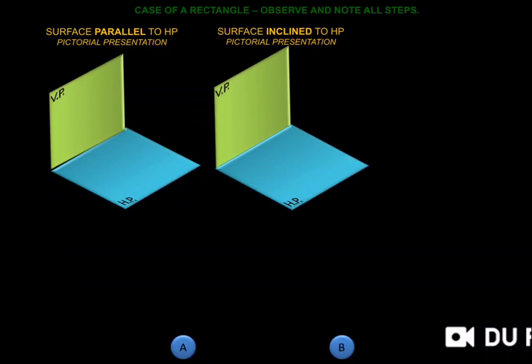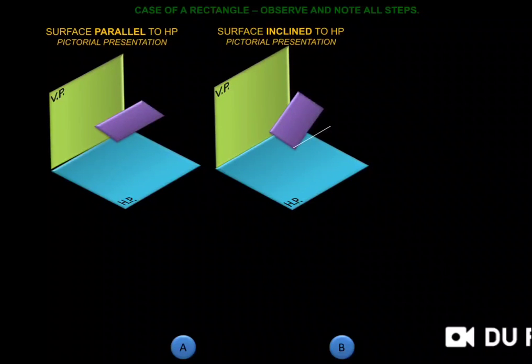Both VP and the principal planes are given. In the first, we see the lavender colored rectangular plate that is parallel to HP and perpendicular to VP. In the second, the rectangular plate is inclined to HP and perpendicular to VP.